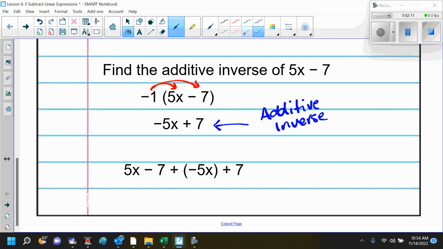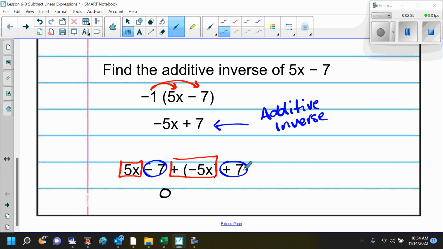So if we add those together, 5x minus 7 plus a -5x plus 7, let's see what happens. So we've got, there's my like terms. This is a plus negative, right? That's plus negative, that means minus, right? And then over here, we've got a -7 and a +7. So 5x plus a -5x, that's equal to 0.